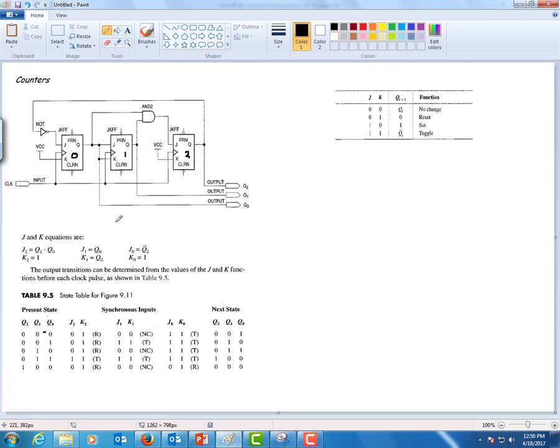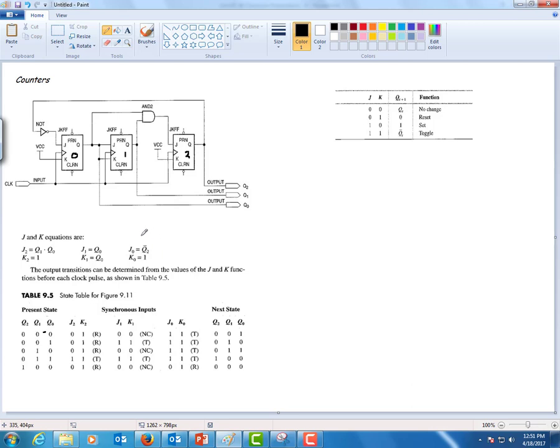And J2 is Q1 ANDed with Q0, which is what we see here. So here are your equations. Notice that your equations are all in terms of Q0, Q1, and Q2. That's very important because that's what we're going to use to fill out our state table.